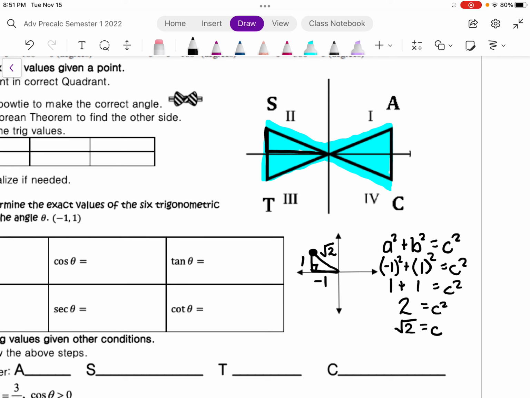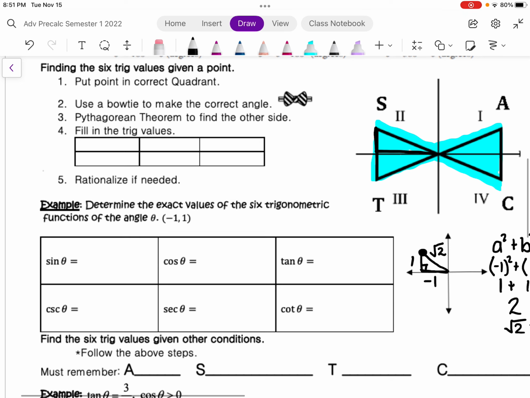Okay. Now that I know all of the sides, and I think about this being the angle I'm finding, so the angle formed with the origin there, this is opposite, adjacent, and hypotenuse. So if sine is opposite over hypotenuse, I get this, which will simplify to square root of 2 over 2. That's rationalizing.